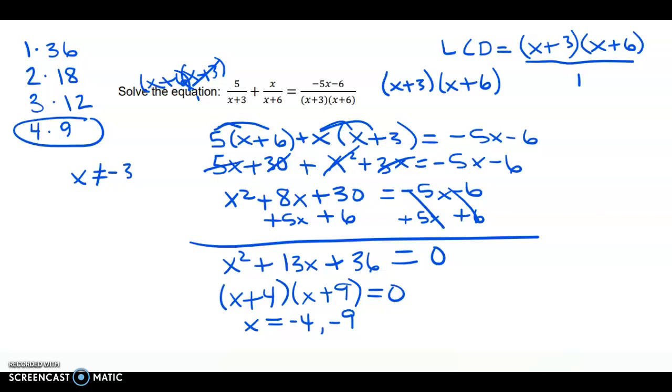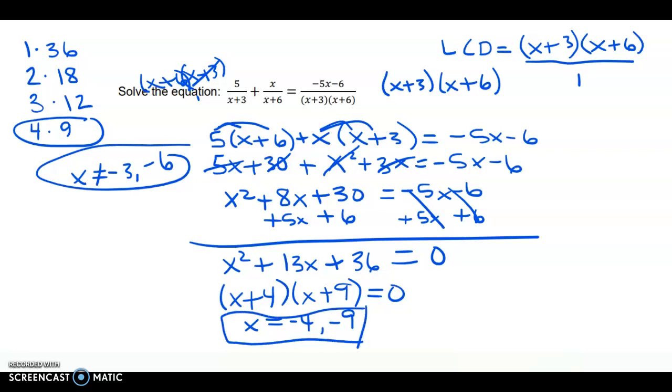So x cannot equal negative 3, and also x cannot equal negative 6, similarly with x plus 6. So those are our two that we can't have. So we're good here. Negative 4 and negative 9 are both going to work for our answers. And this, looking at extraneous solutions, this may be something you want to look at the beginning of the problem just so you don't forget, and then write it out to the side.